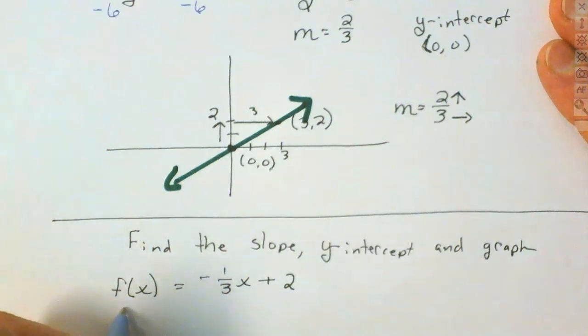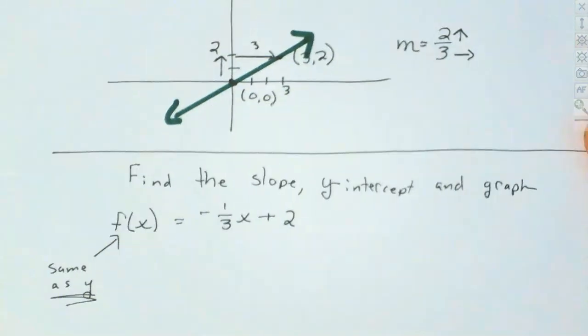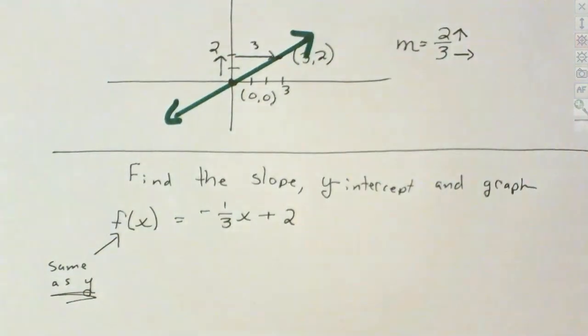Now, f of x is the same as y. And you'll learn more about function notation in your next course. In intermediate algebra, you'll talk a little bit about function notation and more in college algebra. But f of x can be used in exchange for y, so they're the same.